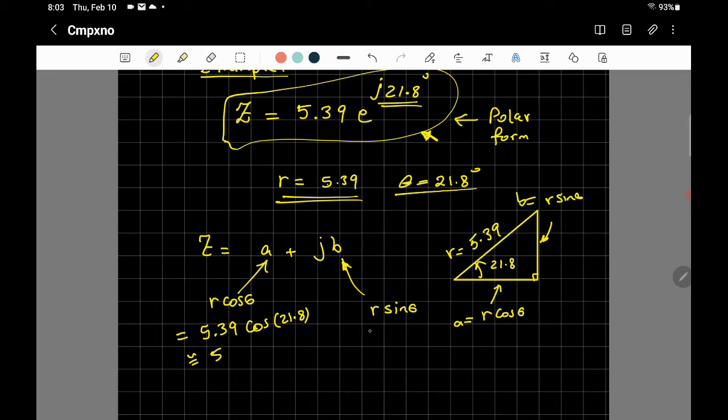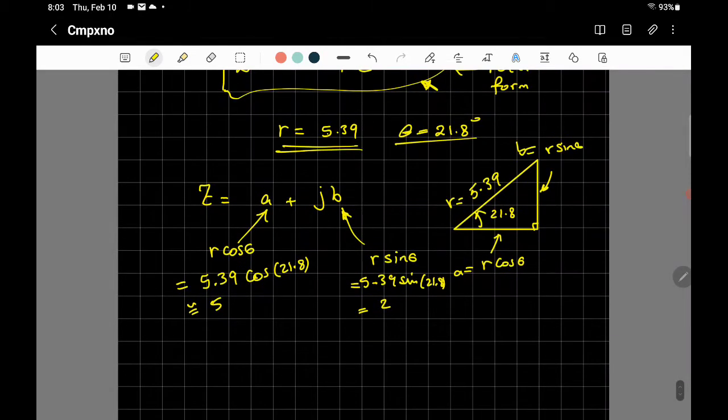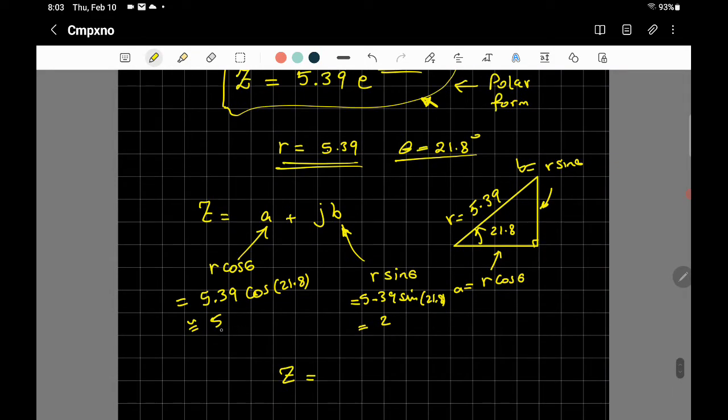So b is equal to 5.39 times sine 21.8, which will be equal to 2. All right. So this number could be represented as the real part equal to 5, the imaginary part equal to 2, j2.